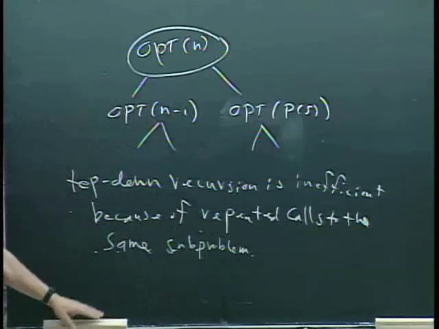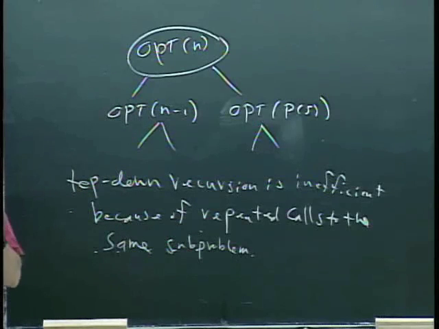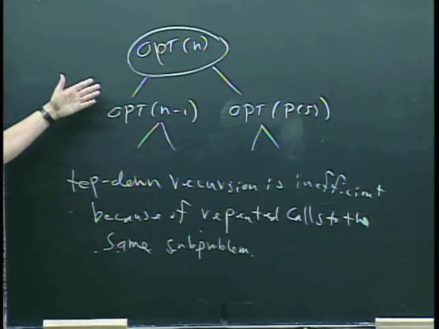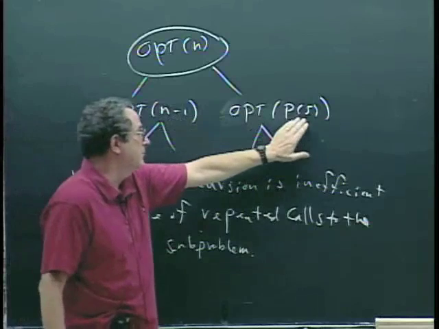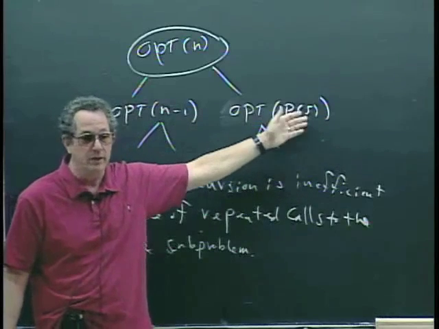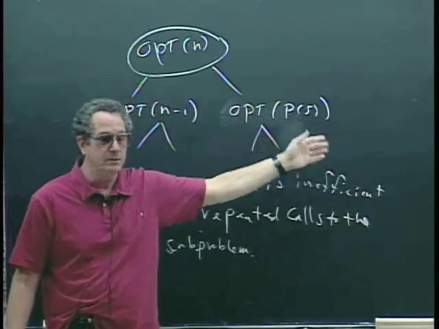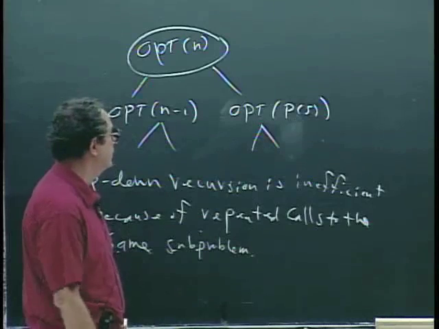But in this particular problem, the number of distinct subproblems that exist is bounded by what? N minus 1? Is that what you said? Okay, good. The subproblem is parameterized by what's in here. This is some index between 1 and n, from the set of integers 1 through n.